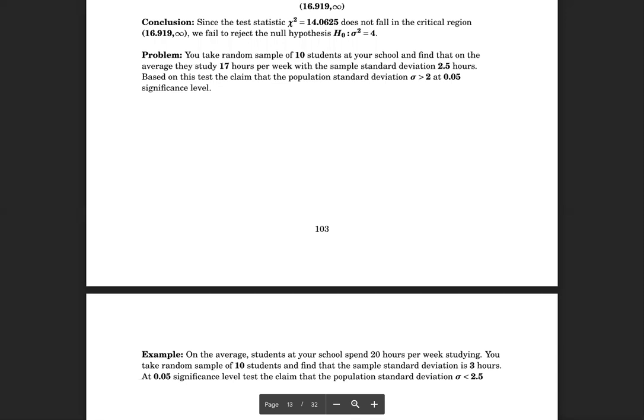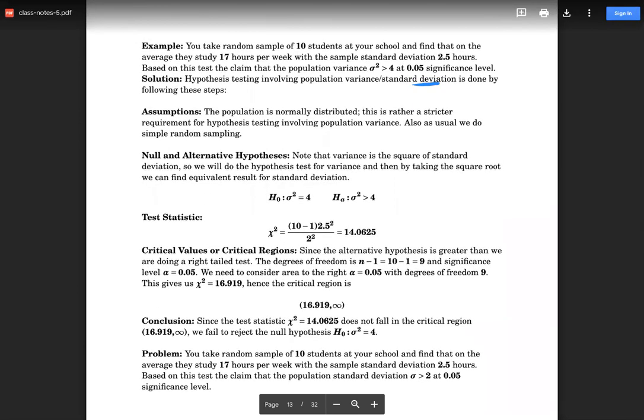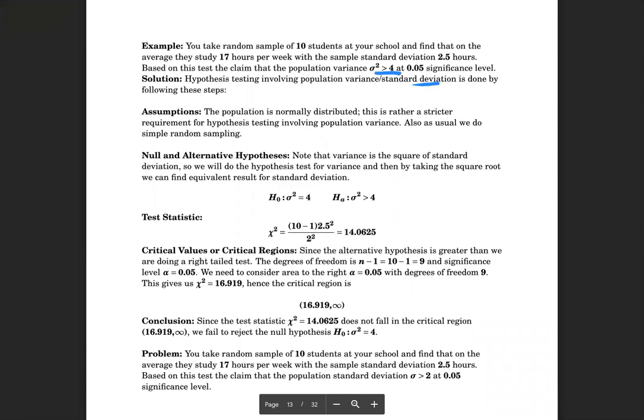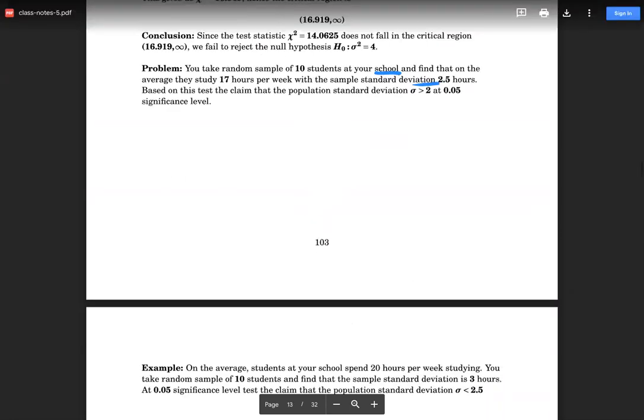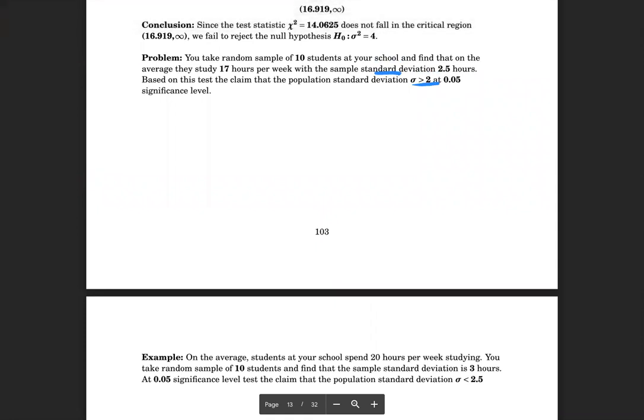It's technically the same problem, but this time you're doing sigma instead of sigma square like in the last problem. If you look at the last problem, it's sigma square right here. So it's the exact same process, and you found sigma square greater than 4, which is equivalent to sigma greater than 2.